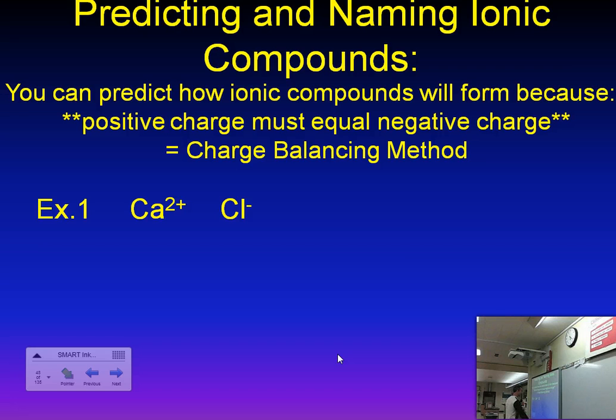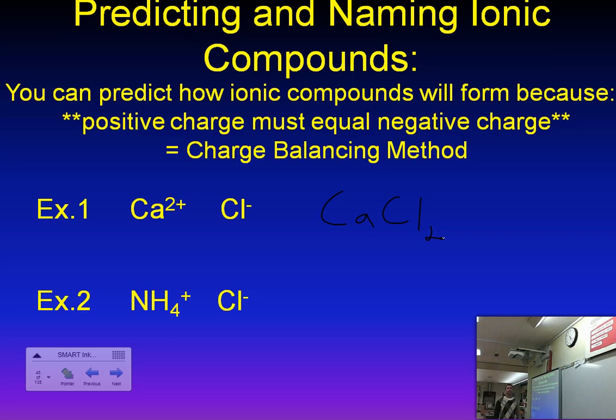Notice the charge on the calcium ion is 2 positive and chlorine is 1 minus. So I ask myself, do those charges balance? Is the amount of positive the same as the amount of negative? Answer, no, right? There's more positive than negative, so really I'm going to need 2 chlorine for every 1 calcium. And so I write the formula CaCl with a subscript 2.